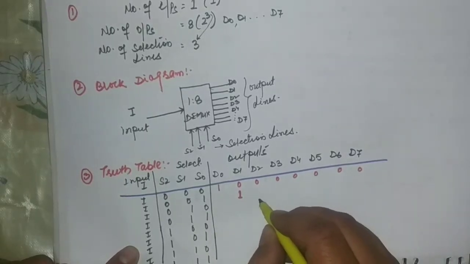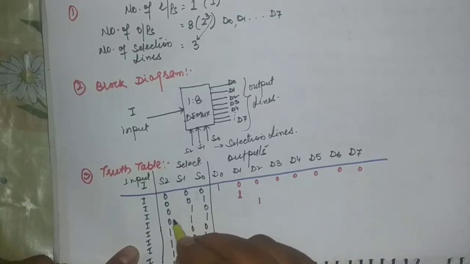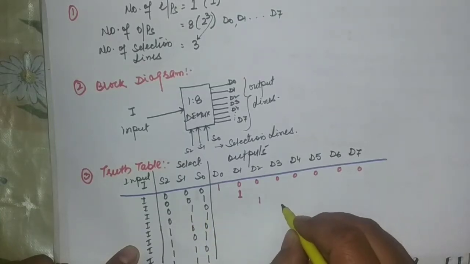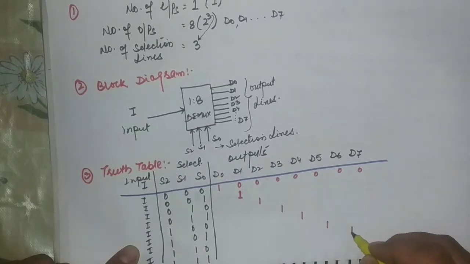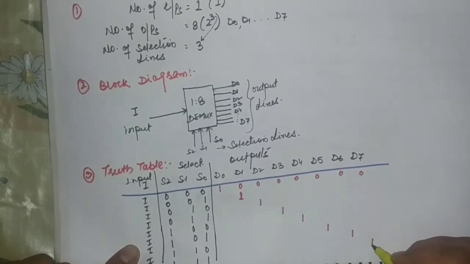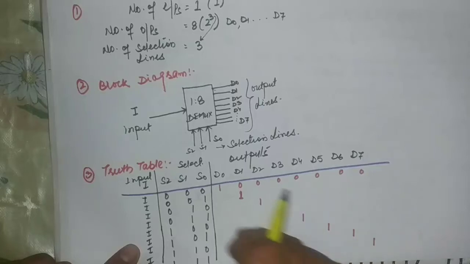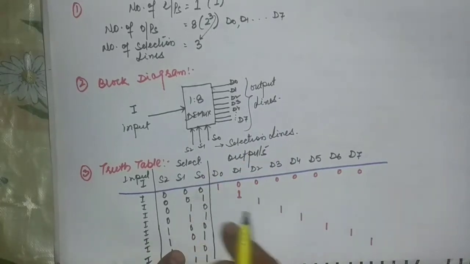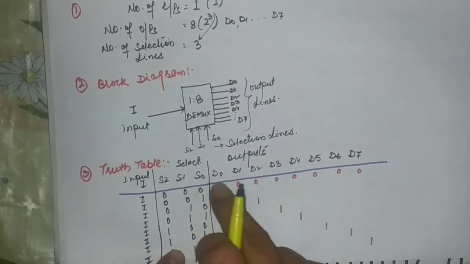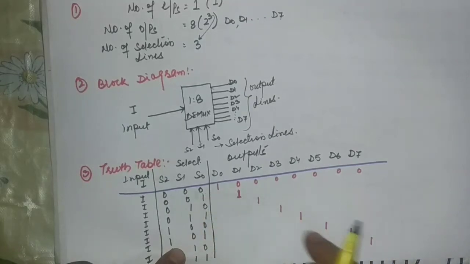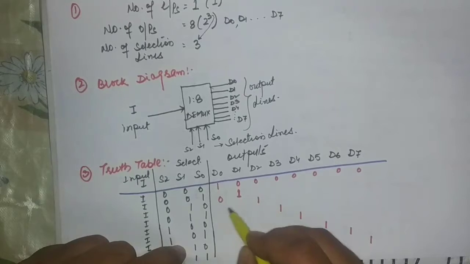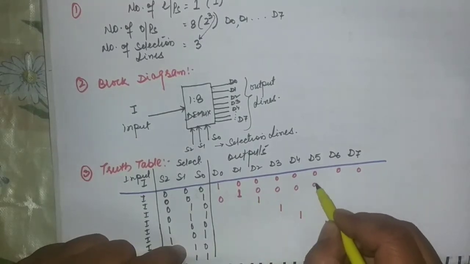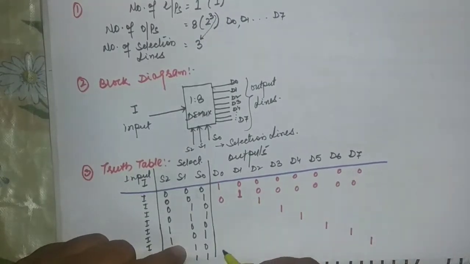Then for the next combination 0, 1, 0, D2, then D3, then D4, 5, 6 and 7. So all the diagonal elements of this 8 by 8 matrix will be equal to 1, and the others will be zeros. So you can complete this truth table.